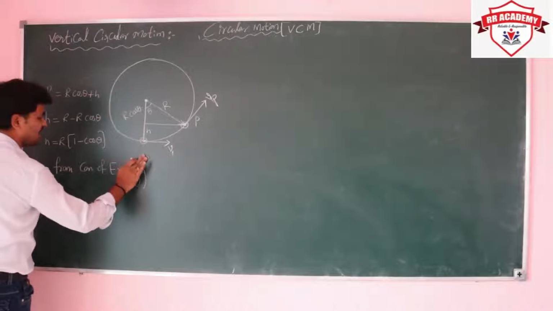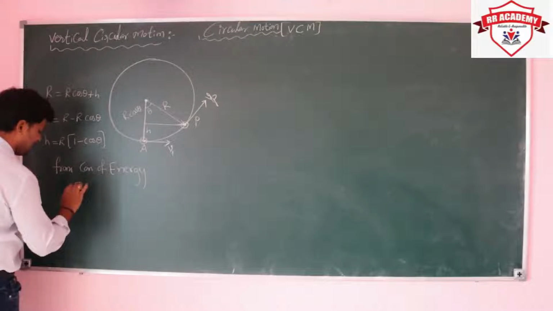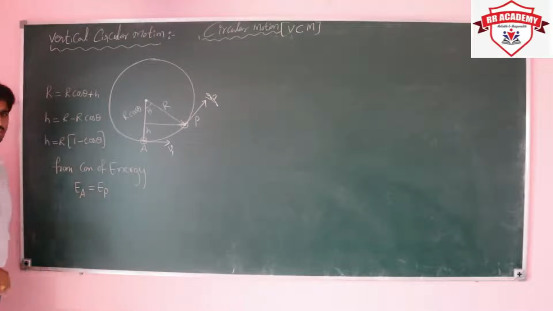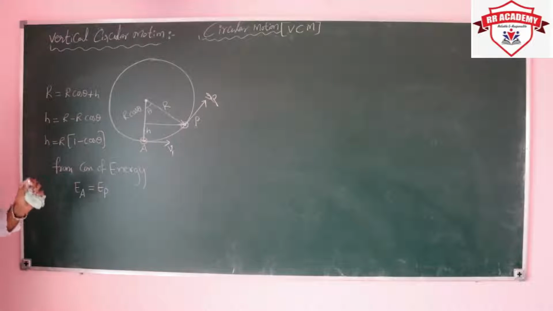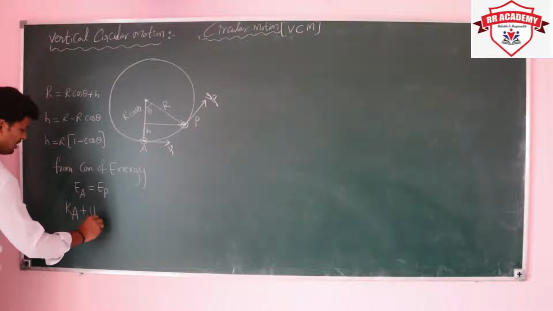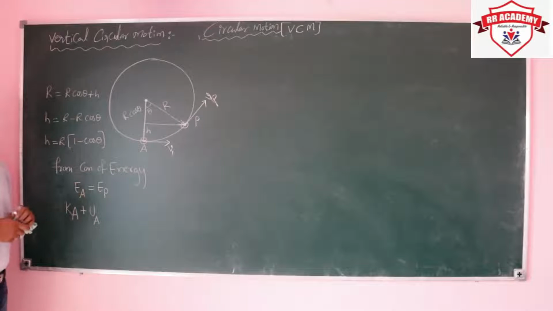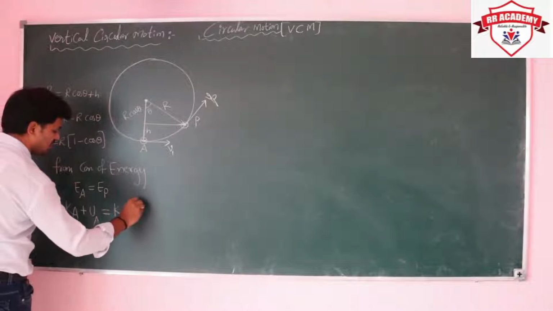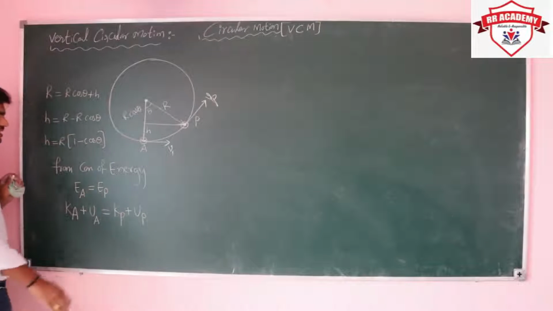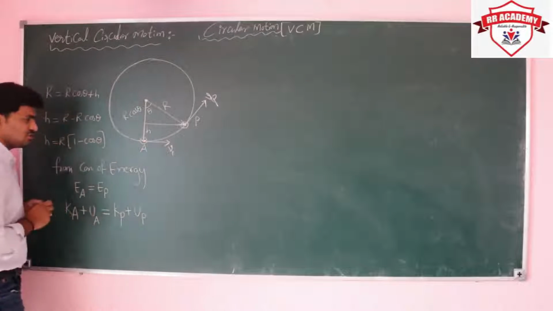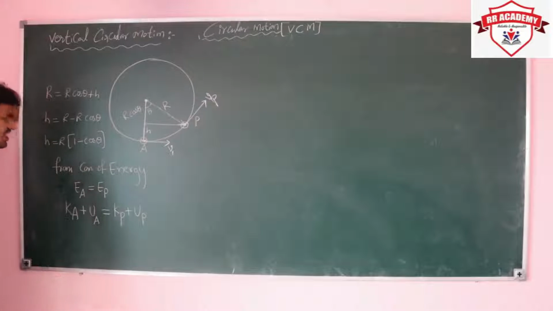So the energy at point A is equal to the energy at point P. The energy at point A is the combination of kinetic energy plus potential energy, and likewise at point P, kinetic energy plus potential energy. Since we consider point A as the reference point, the height there is 0, so the potential energy is 0.